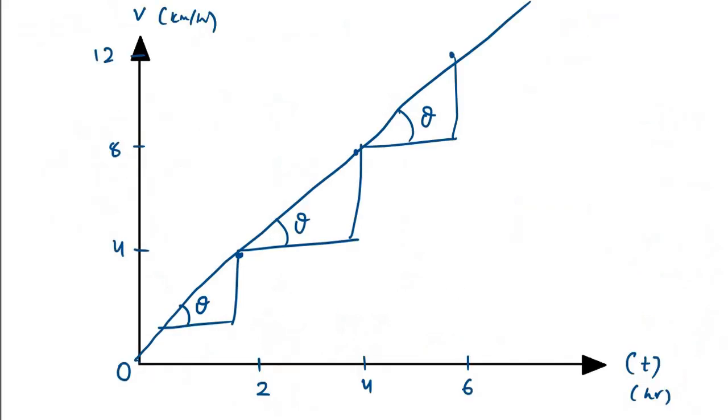In that case, the curve would have been somewhat different, like this. For non-uniform acceleration, it would have been different, where the slope at different points is different. So that is the case of non-uniform acceleration, which we'll discuss in detail in the next video, where we'll discuss the graphical analysis of different parameters.